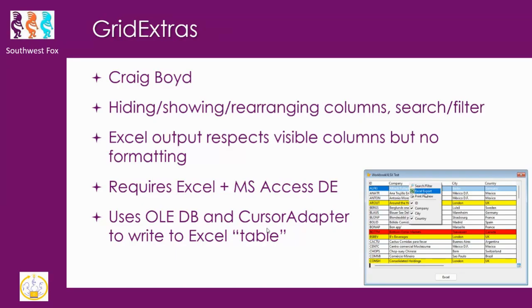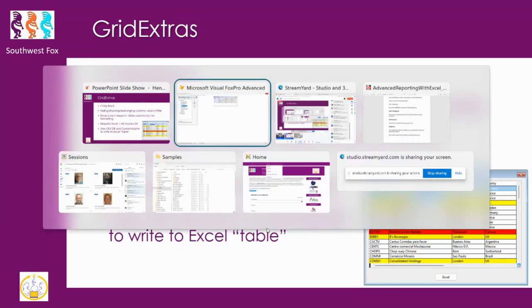And the reason for that is because, and we'll see the code for this in a moment, it uses OLEDB and a cursor adapter to write to an Excel database, as if it was a database. It's going to write to an Excel table, which is really one of the worksheets. So that's the mechanism that it uses to do its thing.